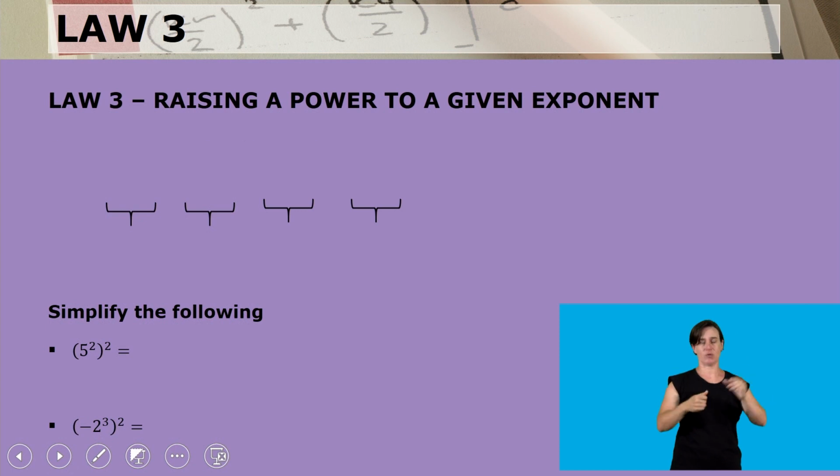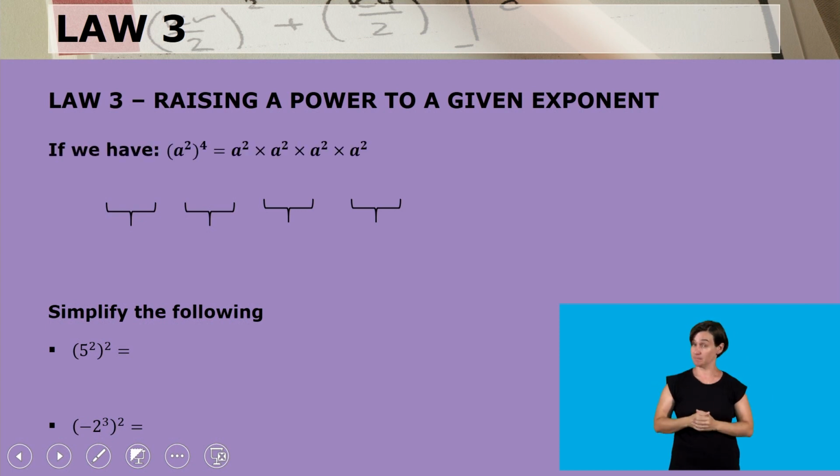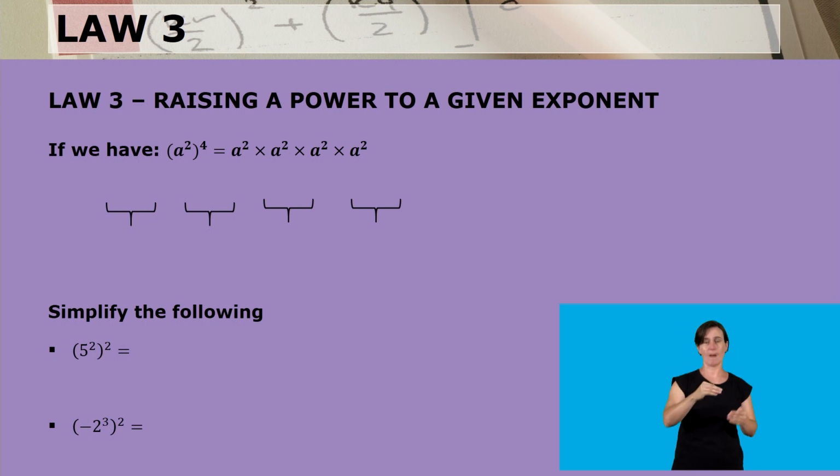So in summary, let's look at an example where we are using variables just so that we can make sure that it works with all values. So we have a squared, and this has been raised to an exponent 4. So being raised to an exponent 4 means being multiplied by itself 3 times. So let's expand it.